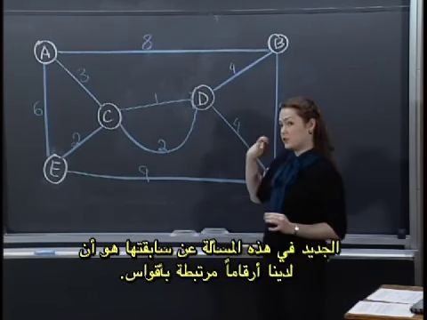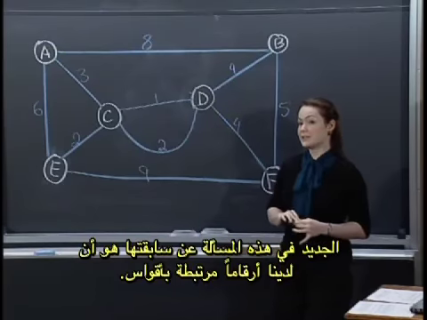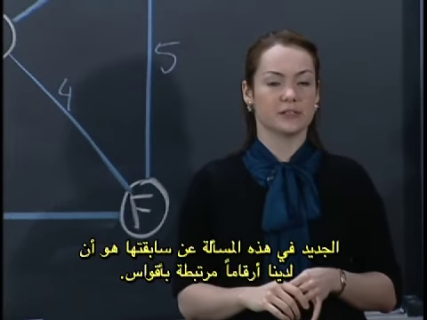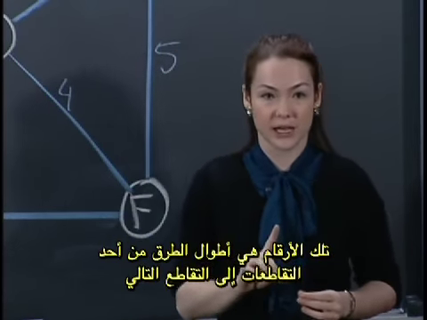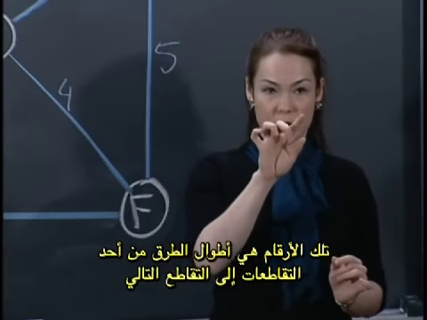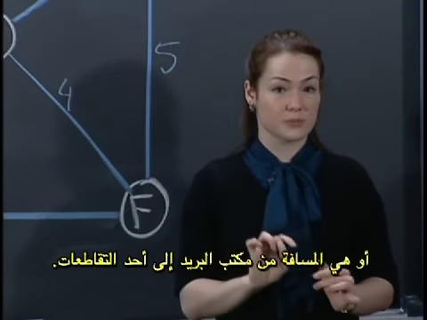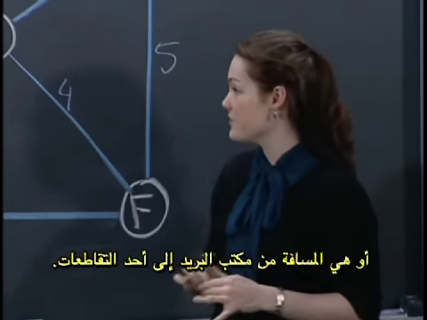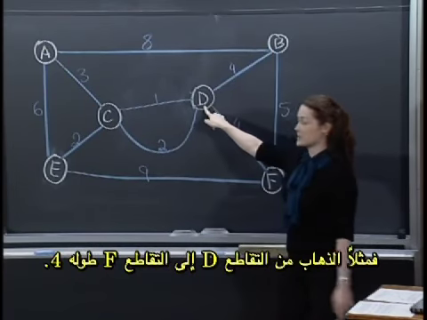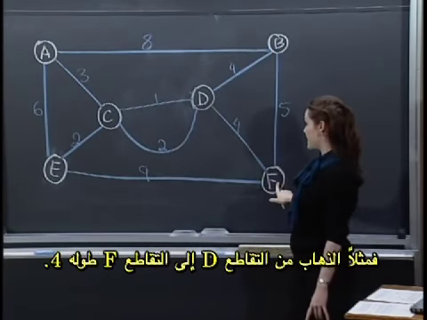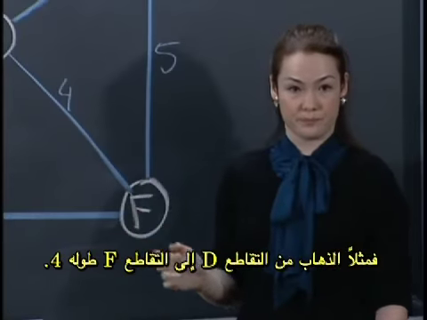And the new addition from the previous problem is that we have numbers associated with arcs. These numbers describe the length of the road going from one intersection to the next, or from the post office to the intersection. So for example, going from intersection D to intersection F takes a length of 4.